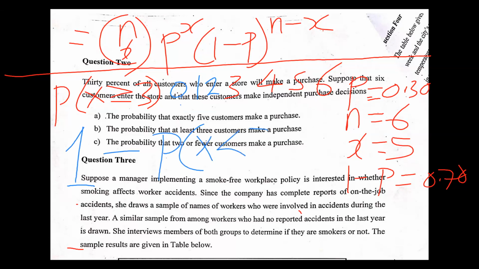You find these for 0, 1, and 2, add them together, then subtract the answer from 1. It will still give you the correct answer.